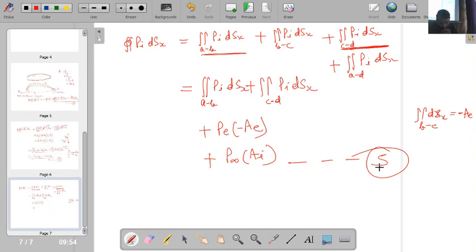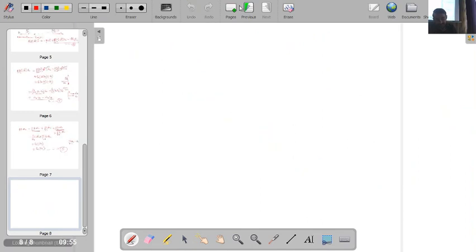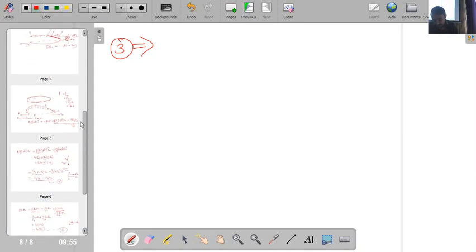If I substitute 4 and 5 in 3, what will I get?